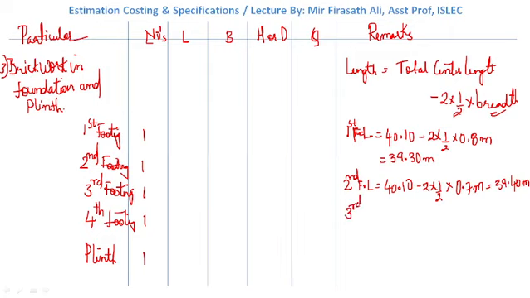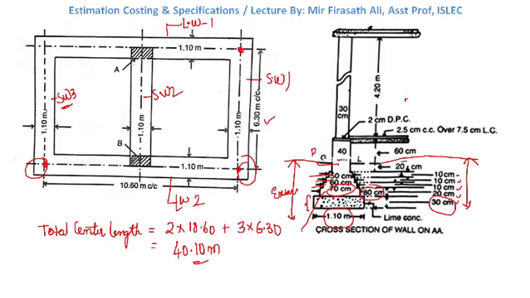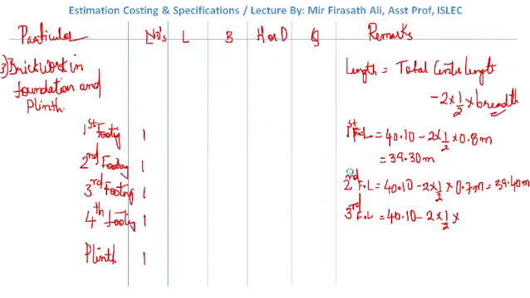Similarly, third footing length: 40.10 minus 2 into 1 by 2 into the breadth of the third footing, 60 centimeter, which is 0.6 meter. We get the total value as 39.50 meters.